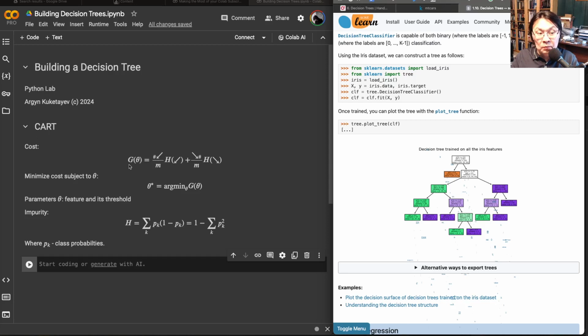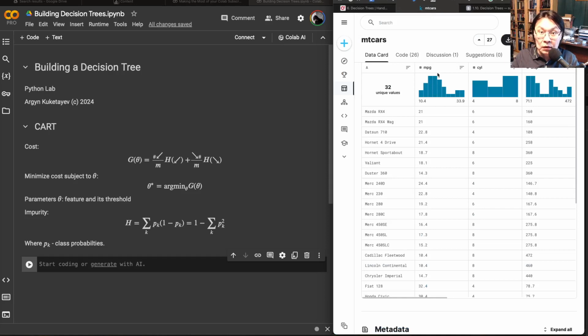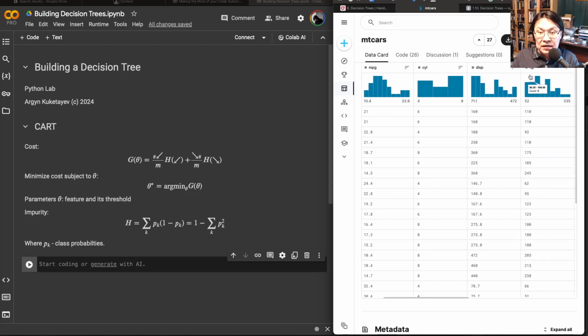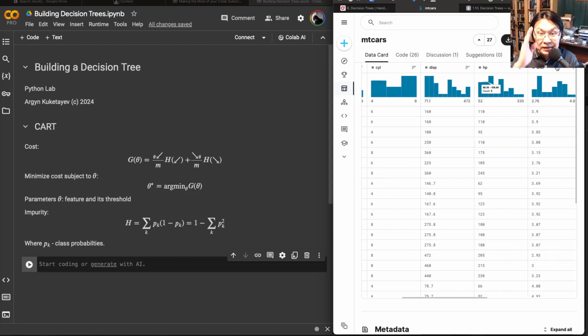Now we want to minimize this cost by changing the parameters theta. And theta again is what? It's the column and the threshold. So effectively, we will run through all the columns, MPG, displacement, horsepower, one by one.